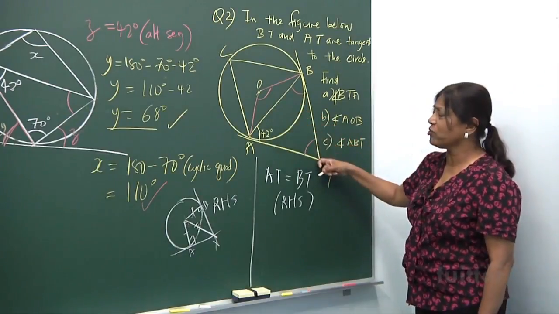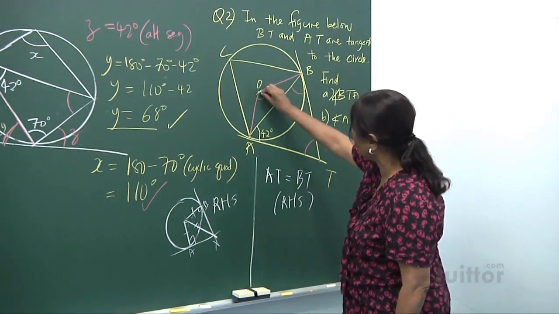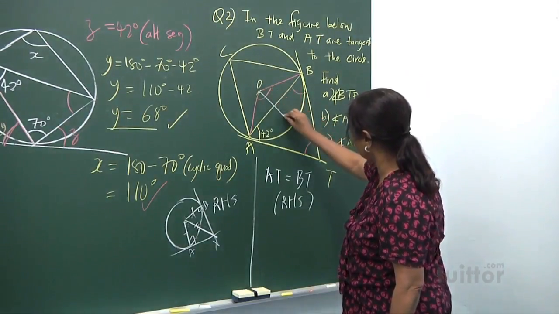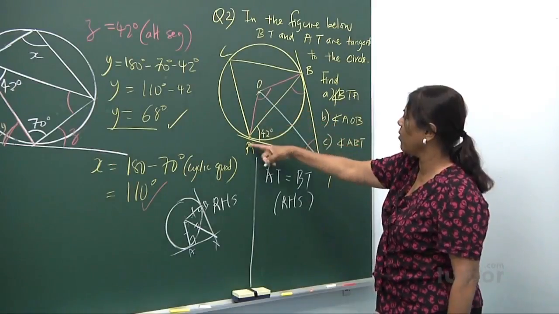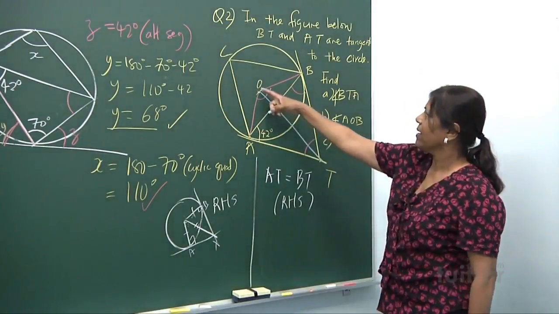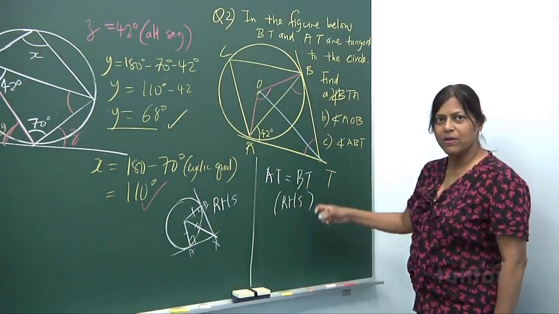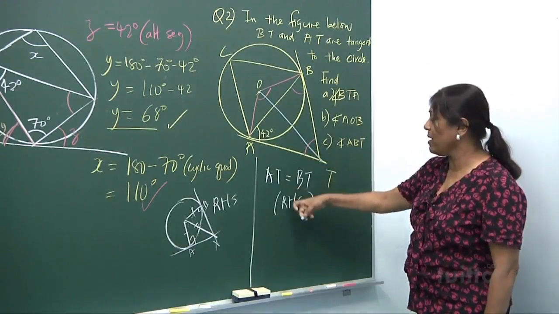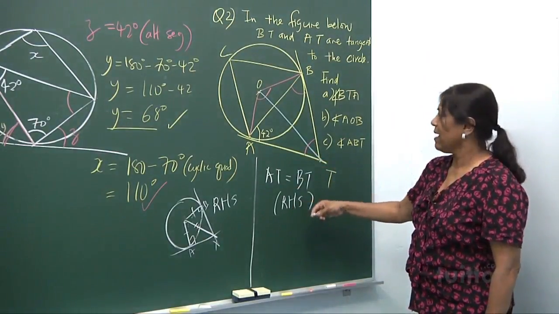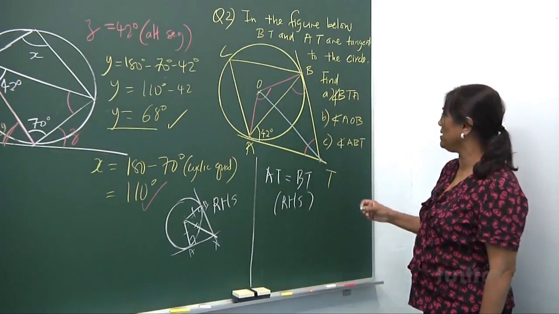If your teachers should understand, because if I were to draw a line across here, you can see that AOT and OBT are congruent. Alright, if we want to add on, you can. And as congruent, that's RHS. And as a result, AT is equal to BT.